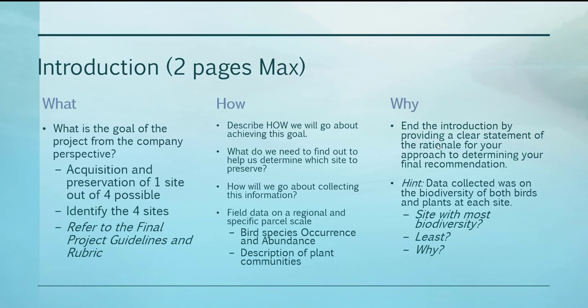And then finally, you'll want to end your introduction with a clear statement of the rationale for your approach to determining your final recommendation. So based on the data that we collected, which site are you going to preserve? Okay, so again, you haven't looked at the data yet, but we've collected data on bird species occurrence and abundance and description of plant communities.